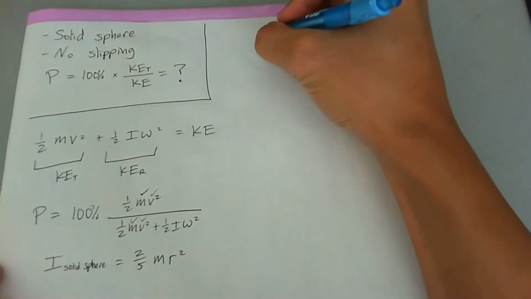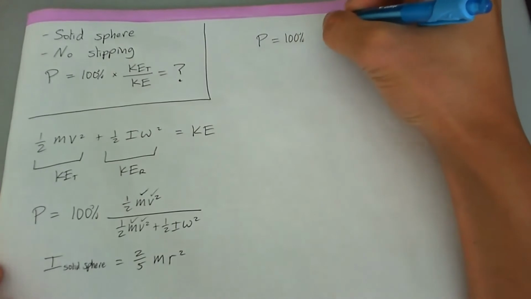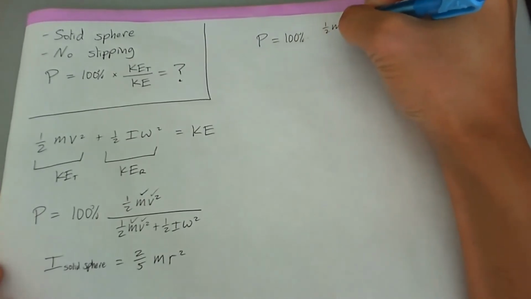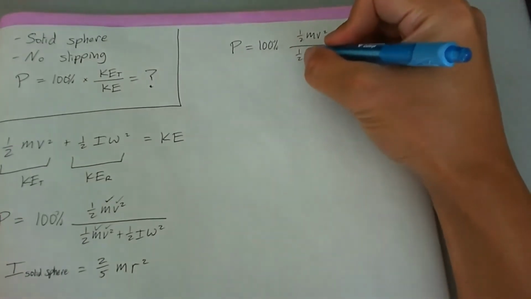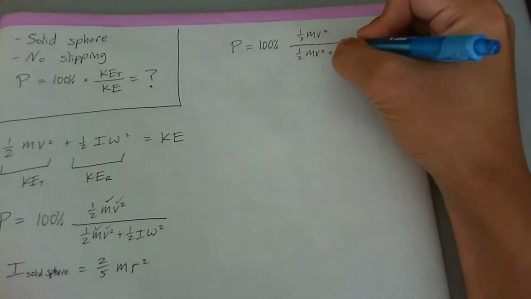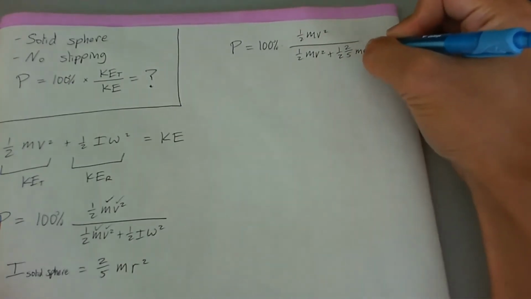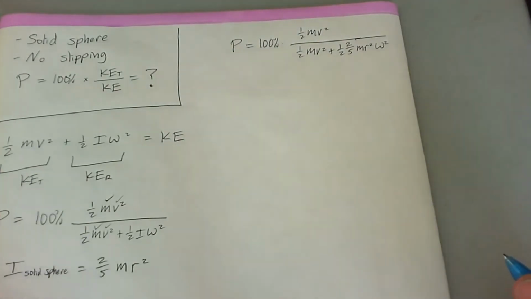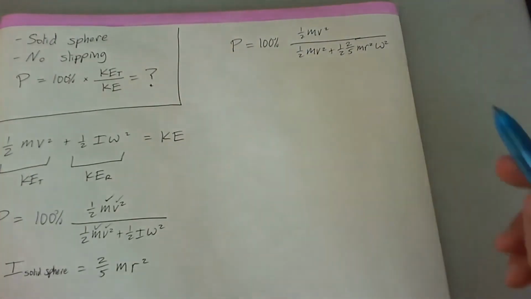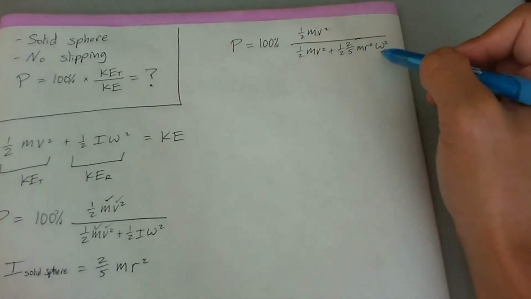So now P is going to equal 100 times 1/2 mv squared divided by 1/2 mv squared plus 1/2 times 2/5 mr squared times omega squared. It looks a little messy, but the good thing is I got m's here. And I don't have any v's yet.